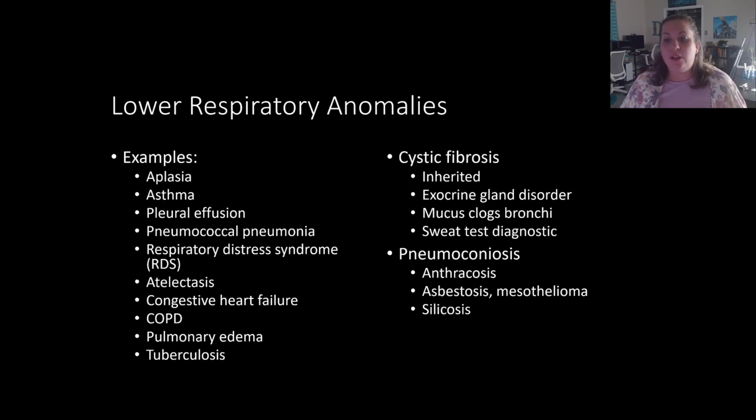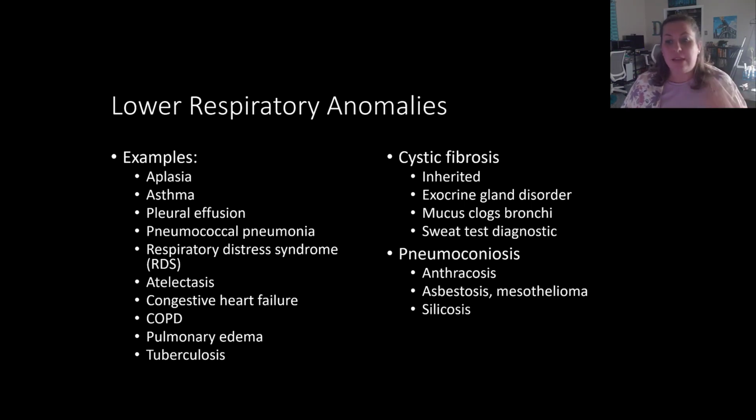Pneumoconiosis, this one is the one where you have the lung damage due to chronic inhalation of dust. This is usually mineral dust that's the problem. This is like an occupational or environmental hazard. But we also see that it could be due to other types of dust, like asbestos, where you breathe in the asbestos, and it causes you to develop a type of cancer called mesothelioma.